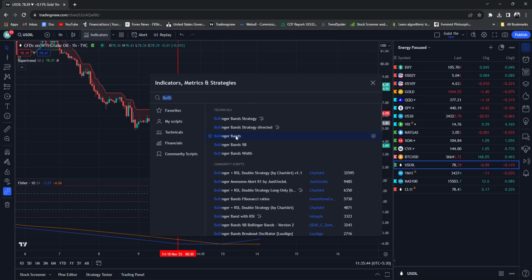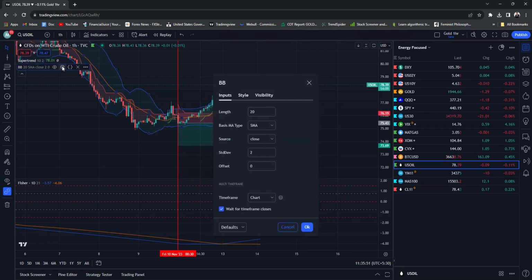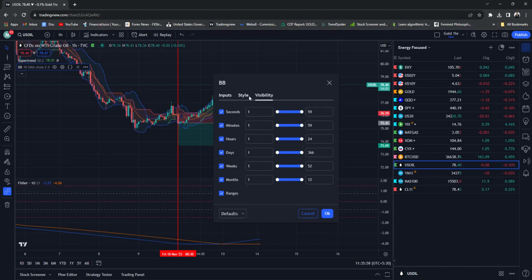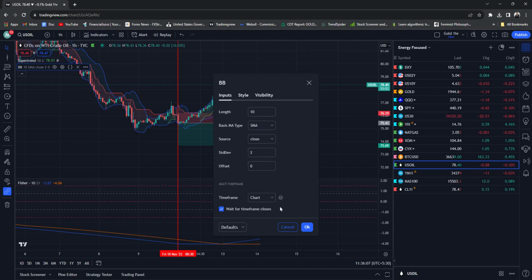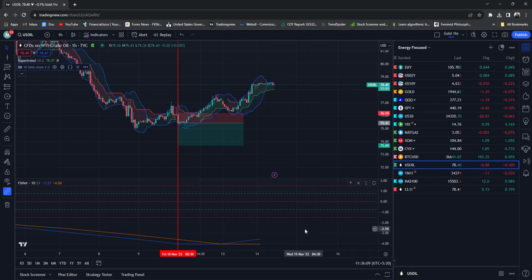If we add the Bollinger Bands here, make this SMA 10, and on the visibility style we remove the basic level and the scale, everything the same, the second standard deviation is always getting updated, like the Supertrend.